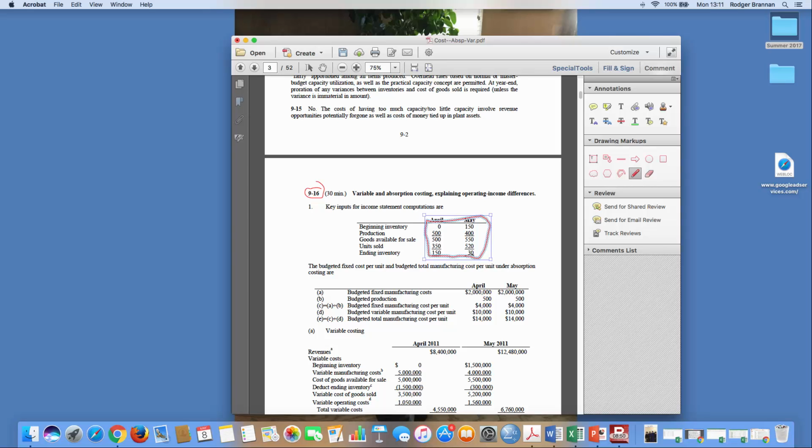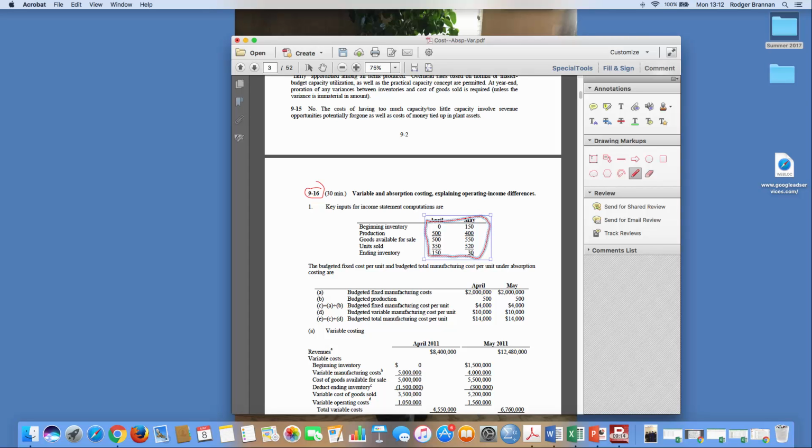And you see this, okay, that 150 units is being held back as inventory. So in a sense, what I know is that part of those fixed manufacturing costs, under absorption costing, are going to be in cost of goods sold, and part of them are going to be in ending inventory. Under variable costing, all of those manufacturing fixed costs are going to be expensed.